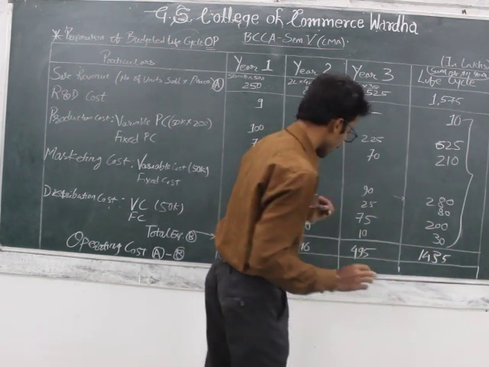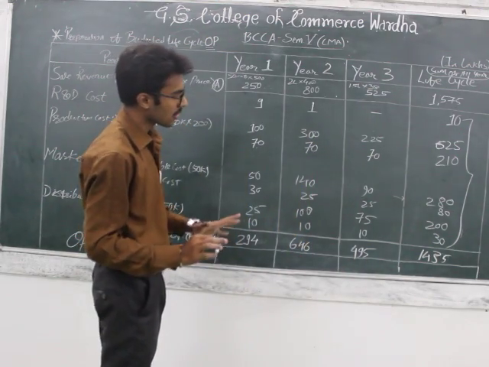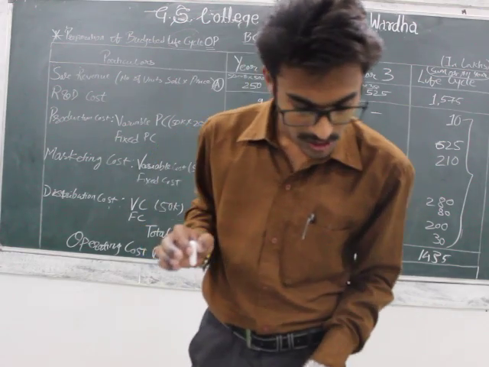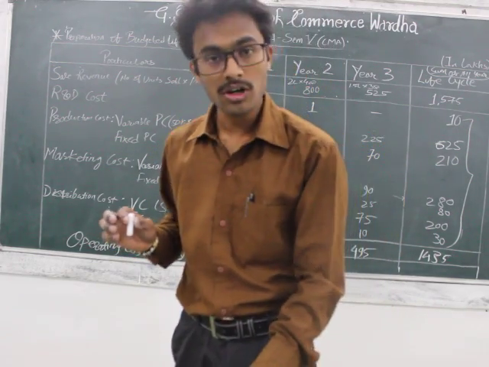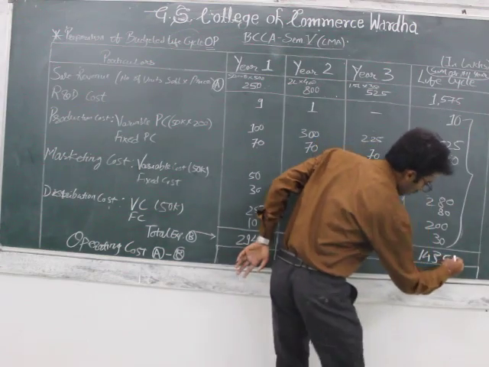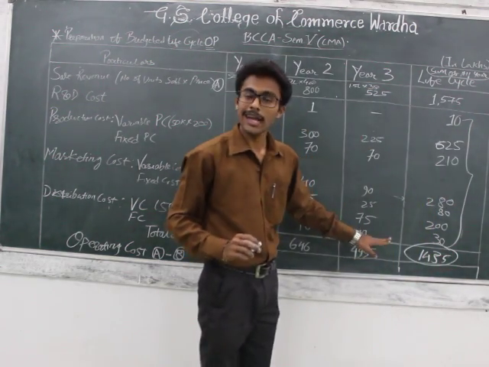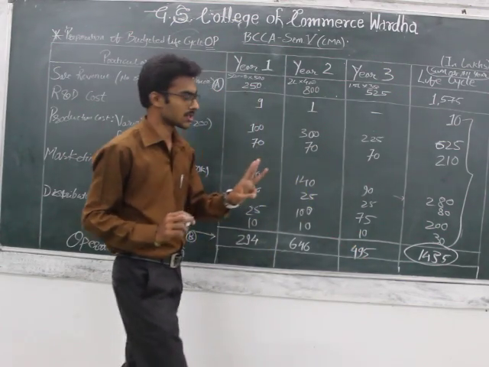So 1435 is the life cycle cost for our electronic security device. This is our life cycle cost for 3 years.